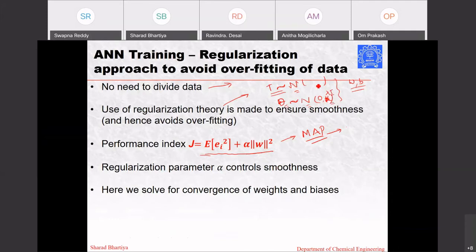If I assume that the errors have covariance of beta, then you can show that the maximum a posteriori estimate gives you lambda by beta, which we call the regularization parameter. So from a statistical point of view, the regularization parameter is nothing but the ratio of the covariances of the noise in your target set and of your prior.